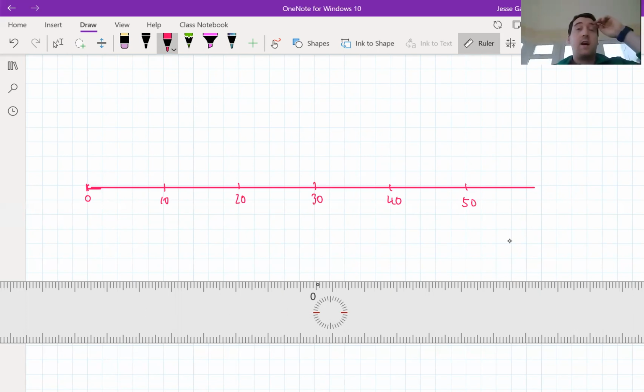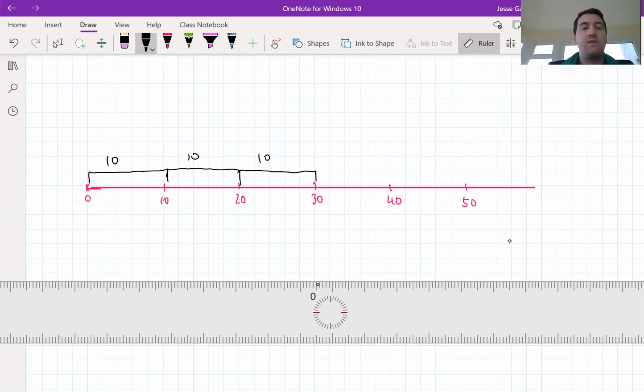Now, as you can see, this one is a little bit different because it doesn't go up in 5s, it goes up in 10s. So every gap here, instead of being from 0 to 5 and then 5 to 10, it goes up in 10s. So the gap here, or the difference, is 10. Now, obviously, the difference from here to here, 10 to 20, is also 10. That's how a scale works. It has to go up by the same amount every time.